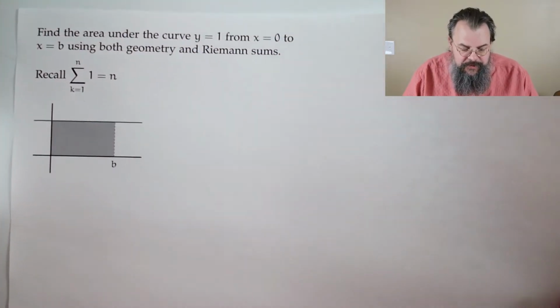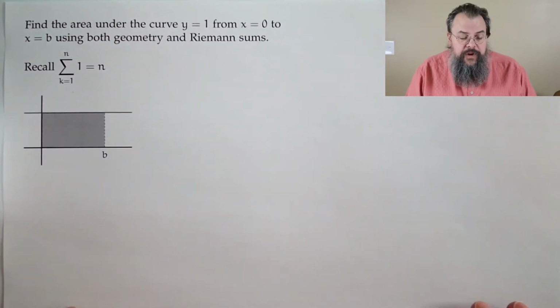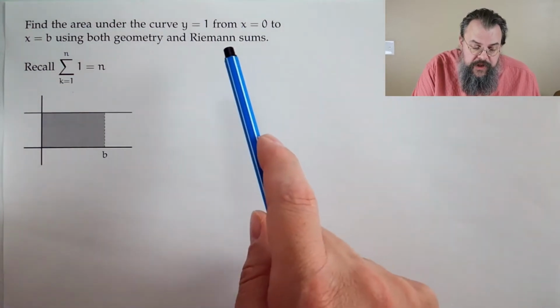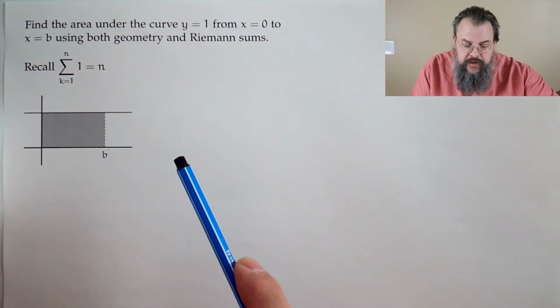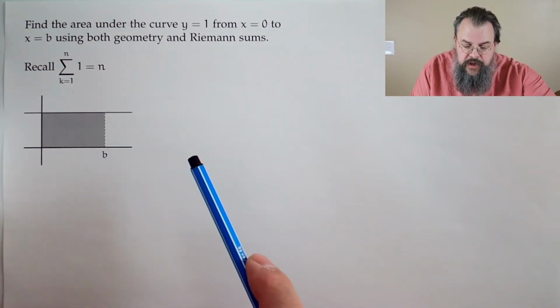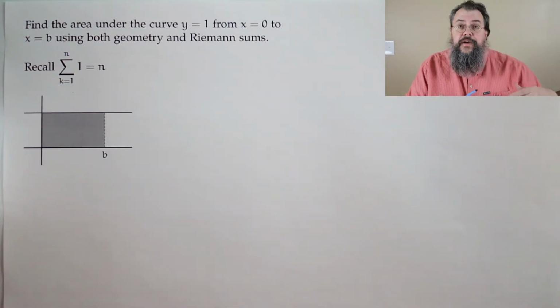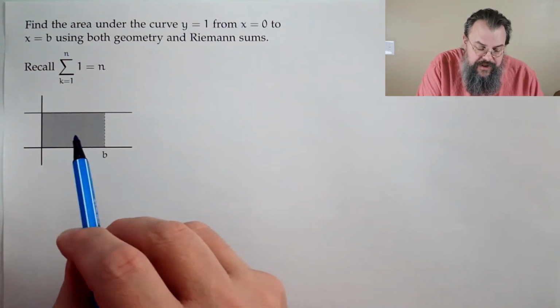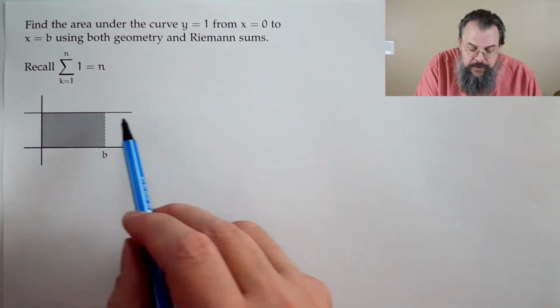Our first one. Find the area under the curve y equals 1 from x equals 0 to x equals b using both geometry and Riemann sums. Well, let's think of the geometry. So here's this graph. This is y equals 1.